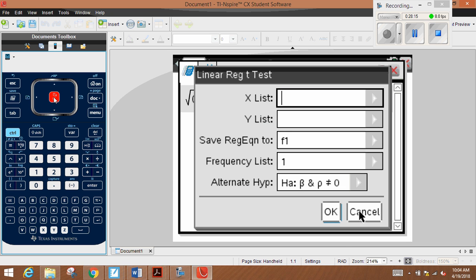We would put in that x list would be length of stay, our y list would be tip. It will actually save our regression equation for us so that we can write that down, and then it gives us all of that output for whatever hypothesis we're testing. So it's really nice. So if you're just given a table of data, you can do all of it using your linear regression t-test, which is nice, especially for, I believe it is much nastier to do in a TI-84.